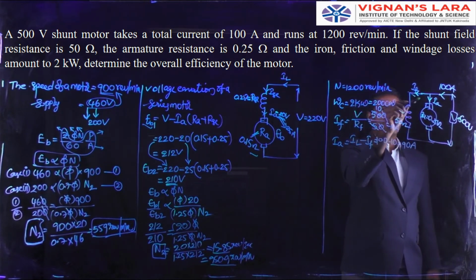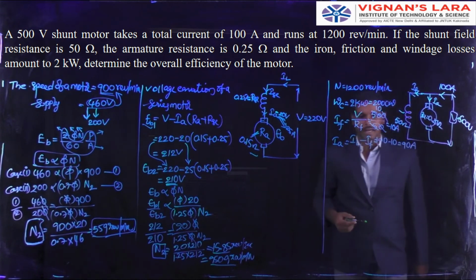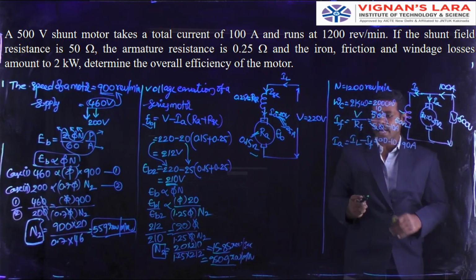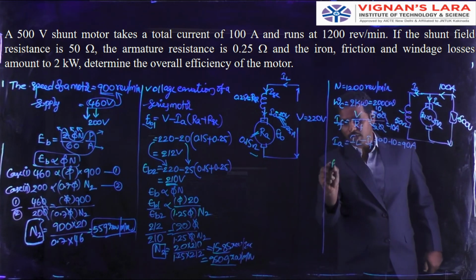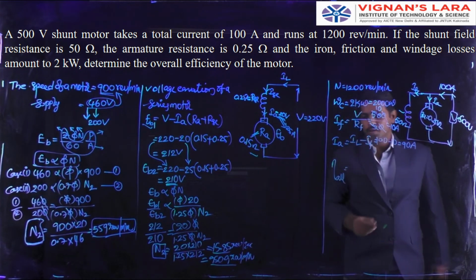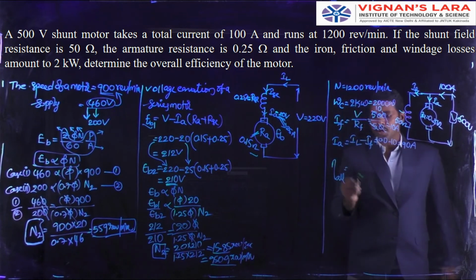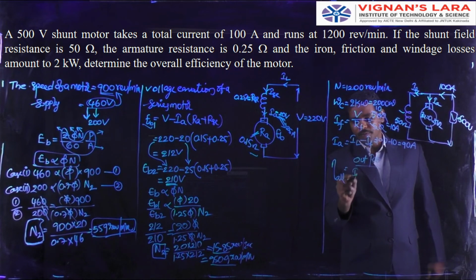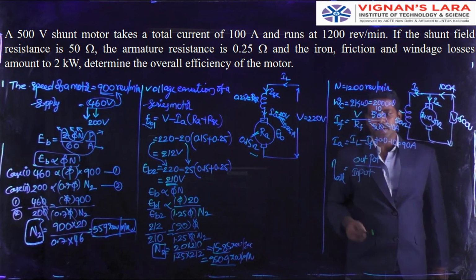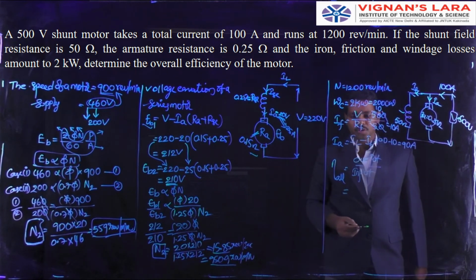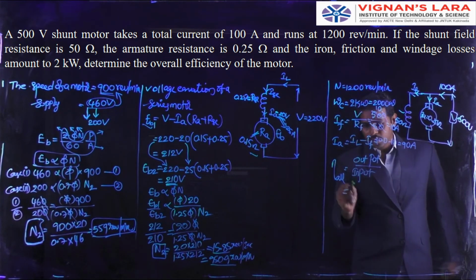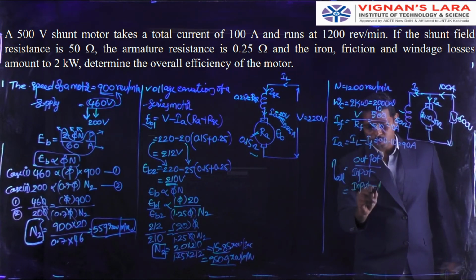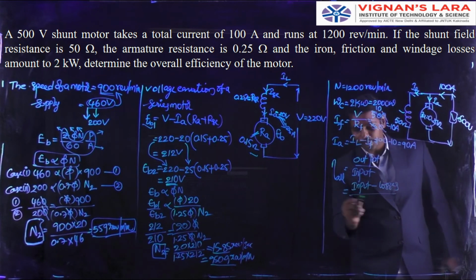So the armature current, field current and load current or input current are all the parameters to be calculated. Then we can find out the overall efficiency of the motor, which is equal to output divided by input. The output is equal to input minus losses, divided by input.